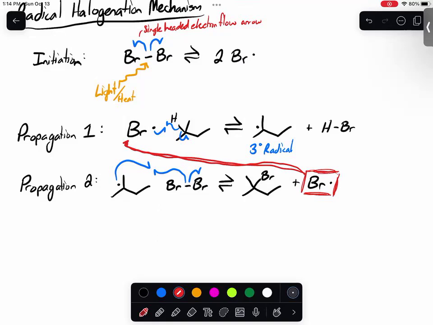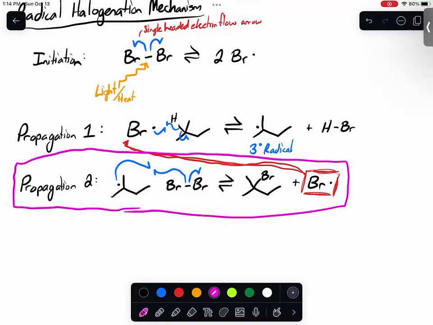It can continue the propagation. Now, with that being said, I want to make it very clear that for this step, it just continues the reaction. So ignore it in energy diagrams. It will get very confusing if you try not to ignore it, just because essentially you'll have to continuously try and balance the reaction, and this extra bromine radical will never be balanced.